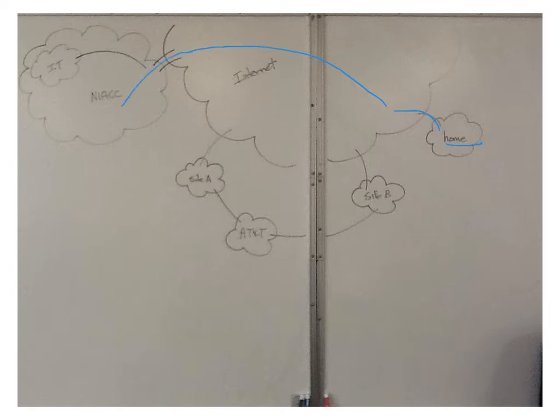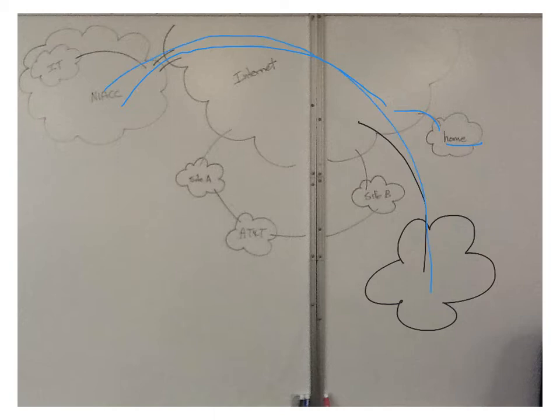When you're on NetACAD, you're actually on a separate cloud for NetACAD. It's connected to the internet. So we can go from wherever we are. Let's say we are at NIACC. We can go from NIACC to NetACAD. We can come from home and go to NetACAD. Okay?